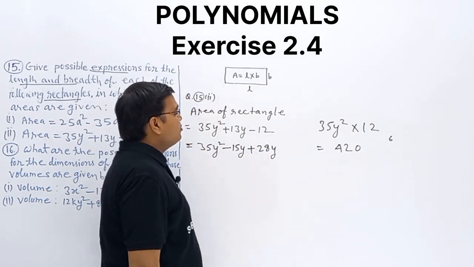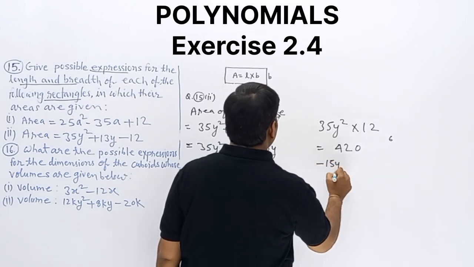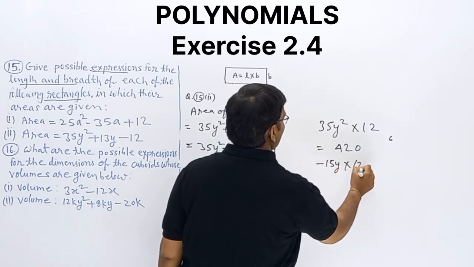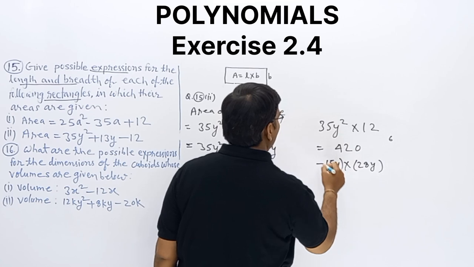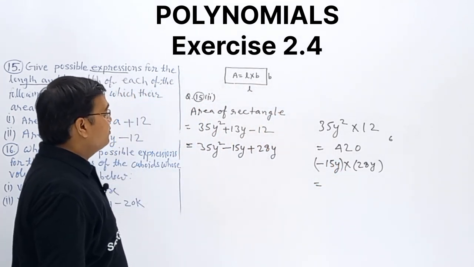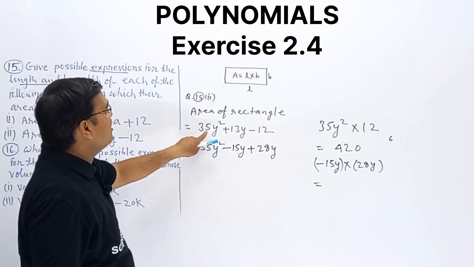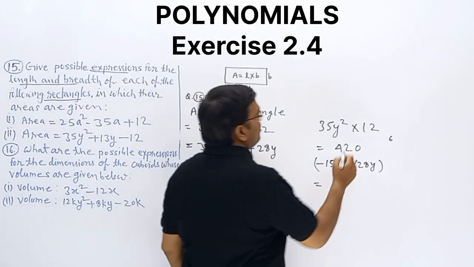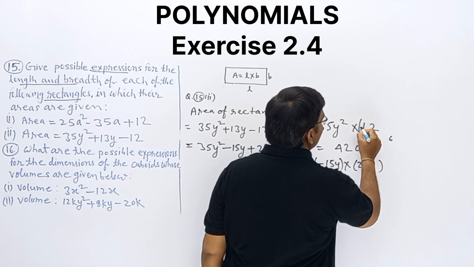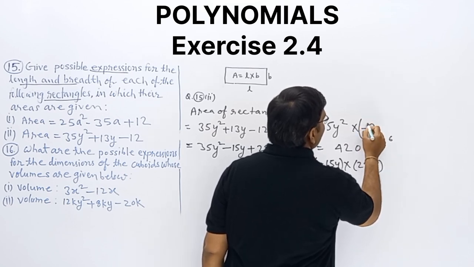The product of both terms, minus 15y into 28y, what will it be? The first term is 35y square, and the last term is not plus 12, it is minus 12.